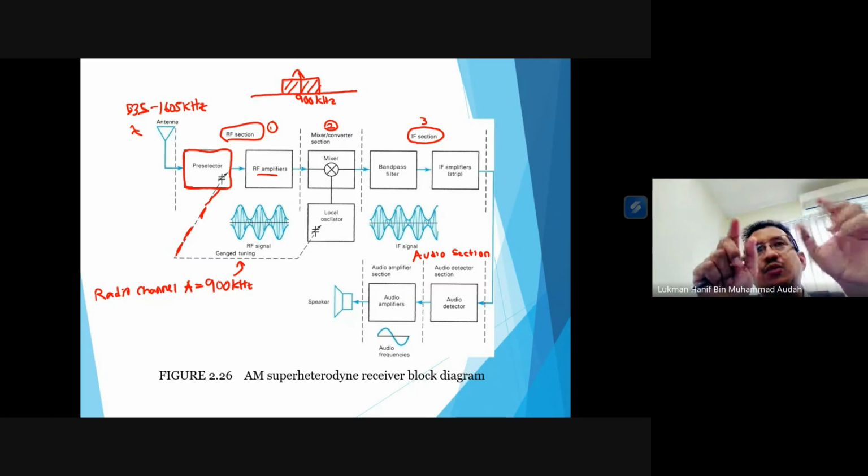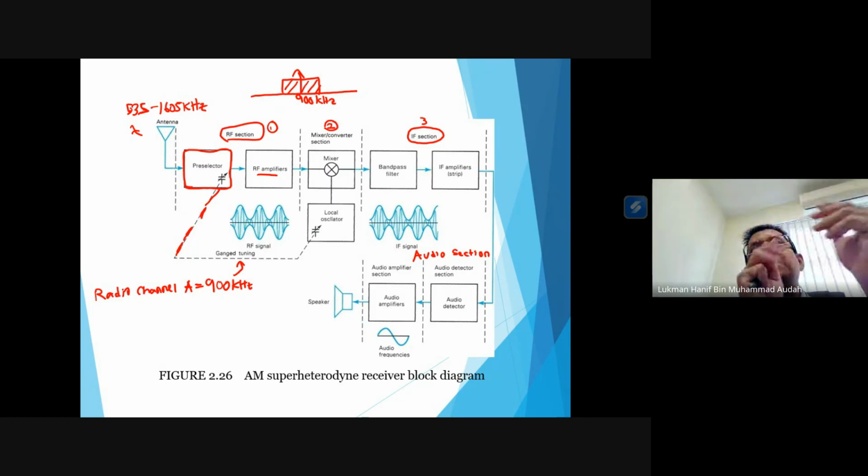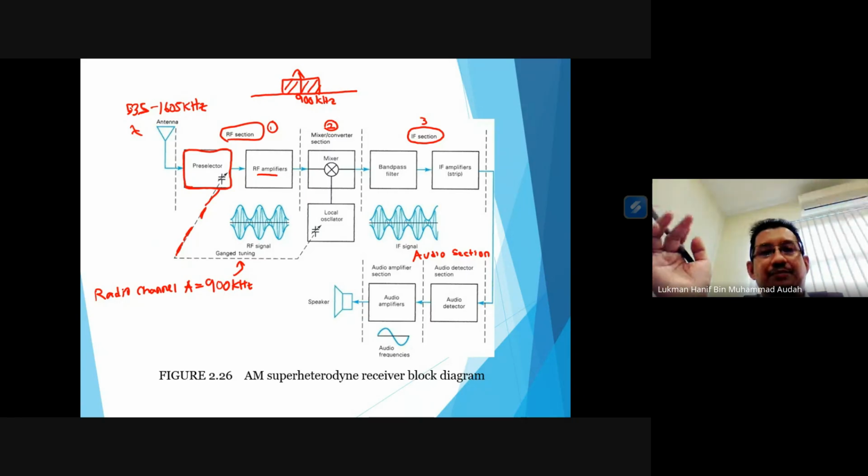The pre-selector is tuned to 900, which means the center of the frequency would be 900 kilohertz, and it will let the frequencies around 900 kilohertz pass through.